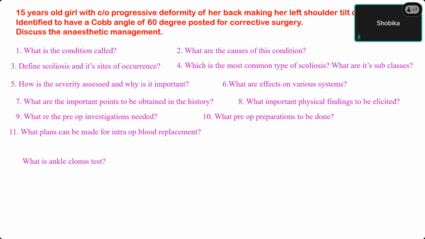For intraoperative blood replacement, we can go for autologous transfusion, sir, and isovolemic hemodilution, and then cell salvage, sir. Autologous transfusion means transfusion of the patient's own blood. But what about pre-op donation?